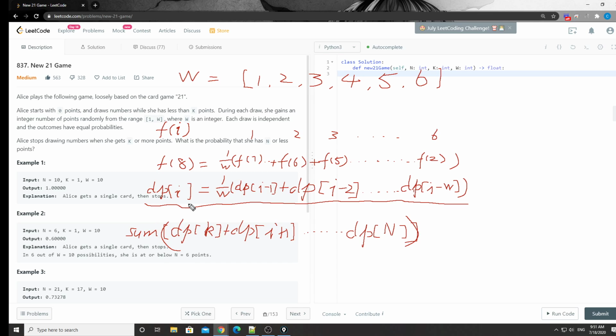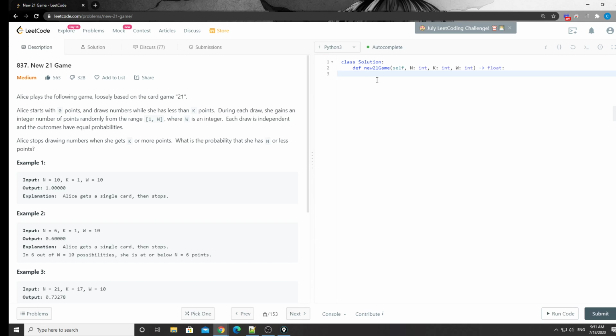So once we have the dp function, in the end we just do a sum from dp k to dp n. That's how we can solve this problem. Okay, with that being said, let's start coding. I think it's safe for us to come up with the actual code here. Okay, let's do it.